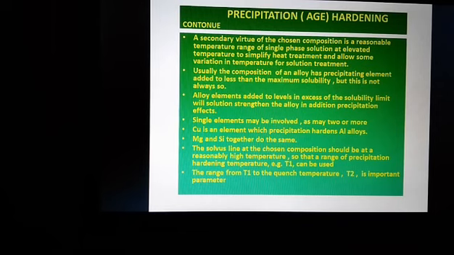Usually the composition of the alloy has the precipitating element added to less than maximum solubility, but this is not always so. Alloy elements added to levels in excess of the solubility limit will give solution strengthening in addition to the precipitation effect.